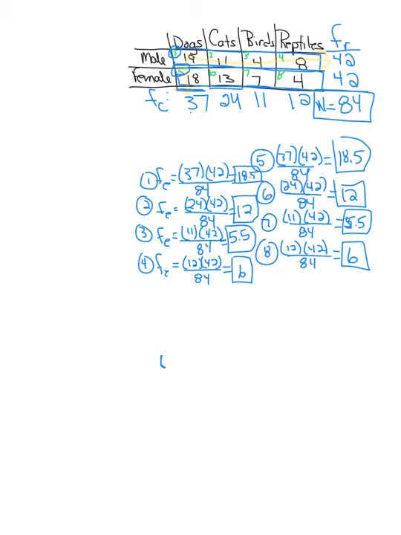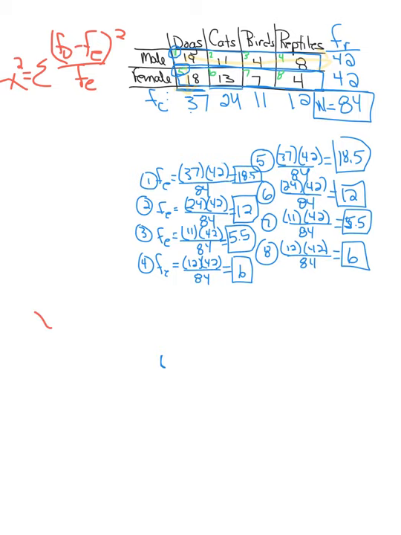Chi-square equals the sum of the frequency observed minus the frequency expected, squared, all divided by the frequency expected. So you'll have one of those little fractions for each cell, and then you'll have to add them up. So we had 8 cells. So we're going to have 8 little chi-square equations.